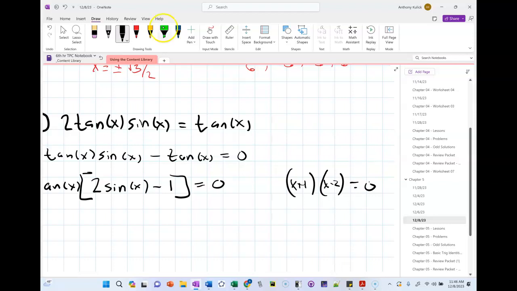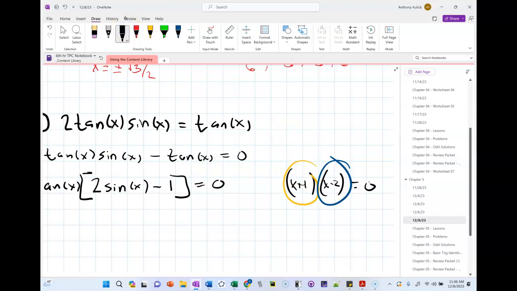So think about it this way. You have two things that you're multiplying together. The product is 0. What can you say about one of those two things? At least one of them has to equal 0, right? Yes, that's exactly what you want to do.